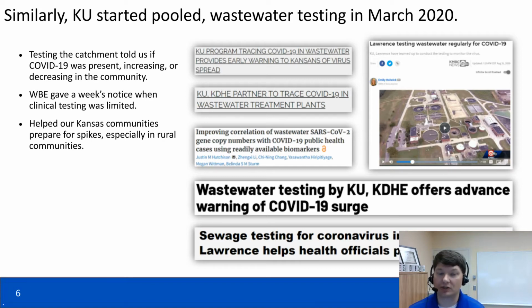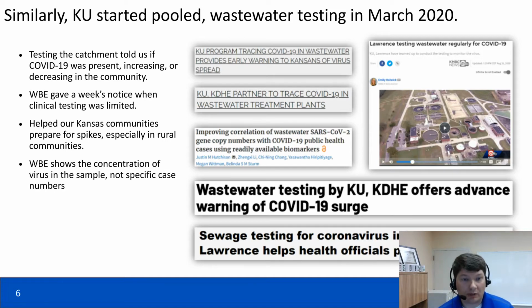And so when we were doing this monitoring, we were working closely with our state regulator, who was then passing the information on to the regional county health departments. Wastewater-based epidemiology showed concentration of virus in the sample, but again, we weren't and still cannot tell people the specific number of cases.